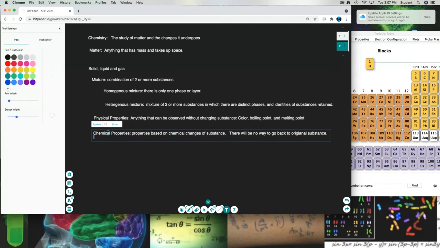Okay, can you think of any examples of that? Maybe flammability. Sure, you're going to induce a pretty big change there that you can't go back to. Right? You burn something, unless you're a magician, you're not going to be able to go back.